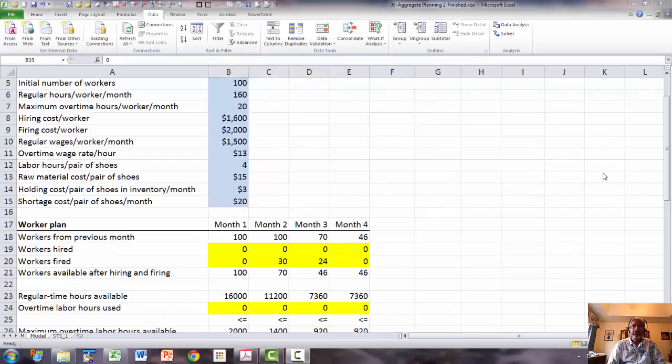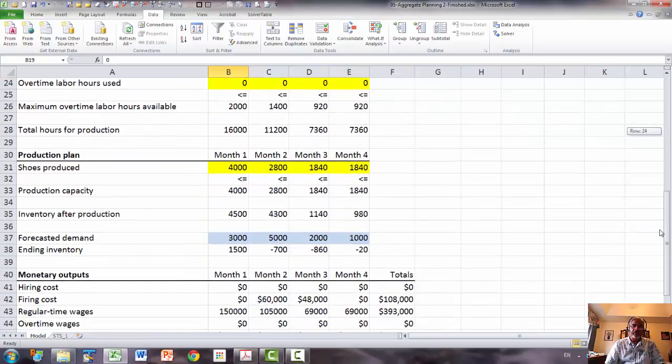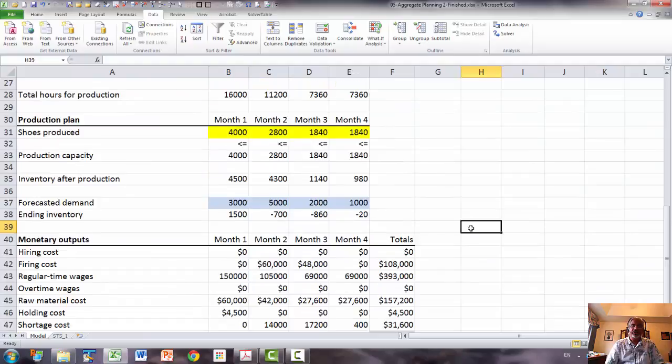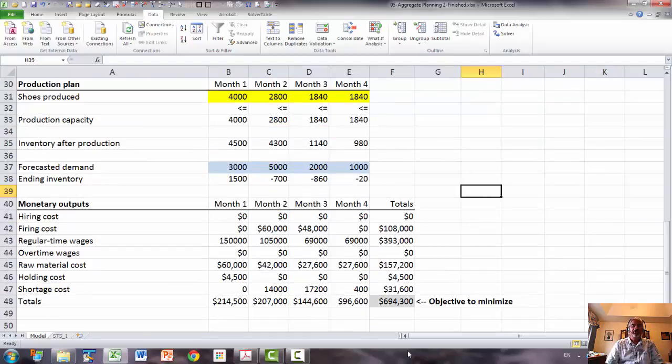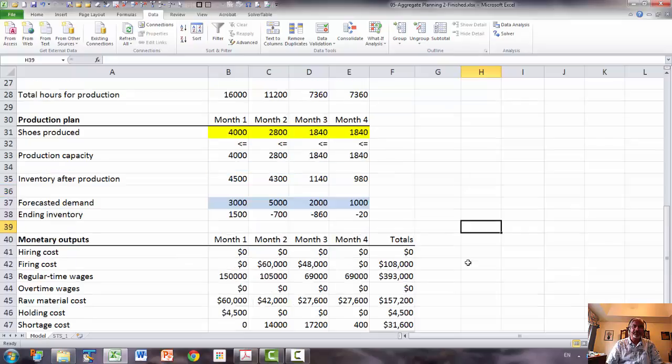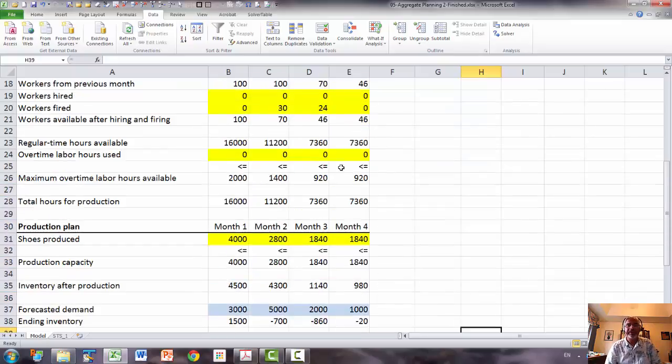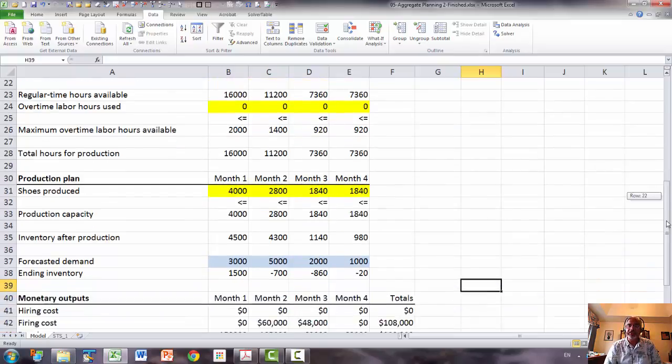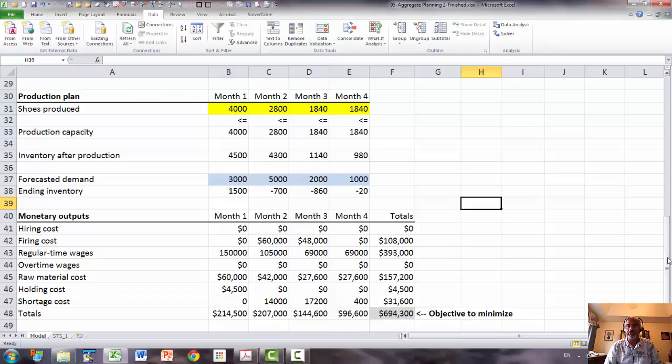Now, one problem with not being able to use the linear model and having to rely on GRG nonlinear is that we cannot be sure that we got the best possible answer. Depending upon the initial values that we have for the changing cells, we may or may not reach the best possible solution.